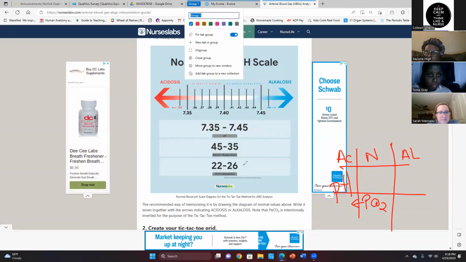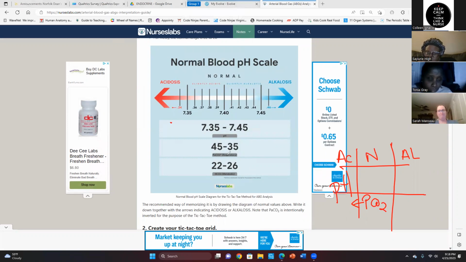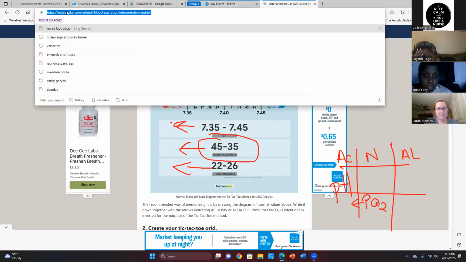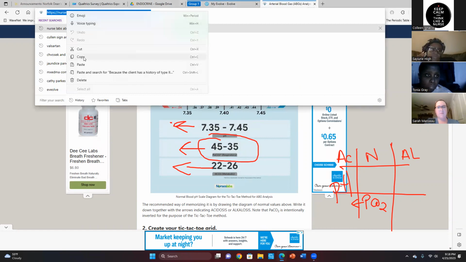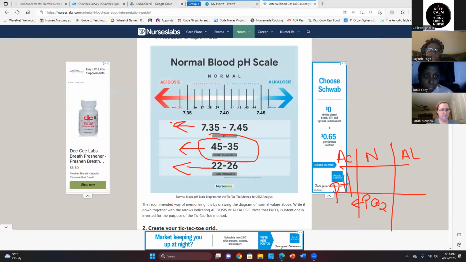But you see in this chart, with the 45 to 35, anything to the left is going to be acidic. So it just has it flipped. That's just for the PaCO2, so you don't have to worry about the ROME piece. I'm going to put this in the chat in case somebody wants to refer to it later.